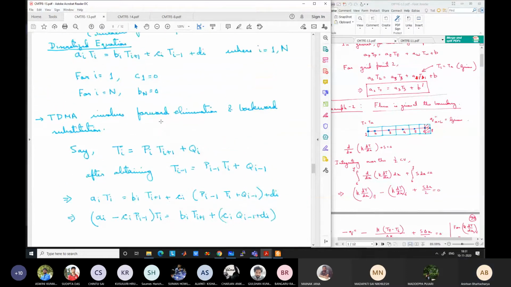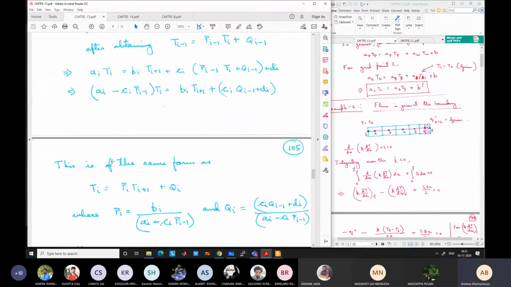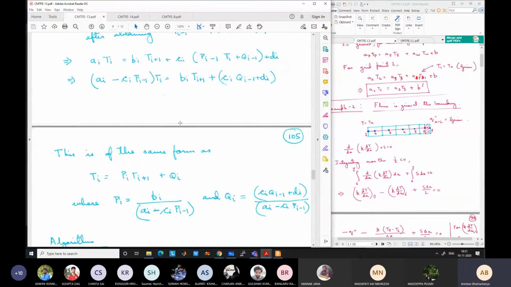So if I also know Pi minus 1 and Qi minus 1, then I replace this Ti minus 1 term with these known coefficients. So I get Ci Pi minus 1 Ti plus Qi minus 1. Rearranging the terms, I can write them in this form: Ti is equal to Pi Ti plus 1 plus Qi.